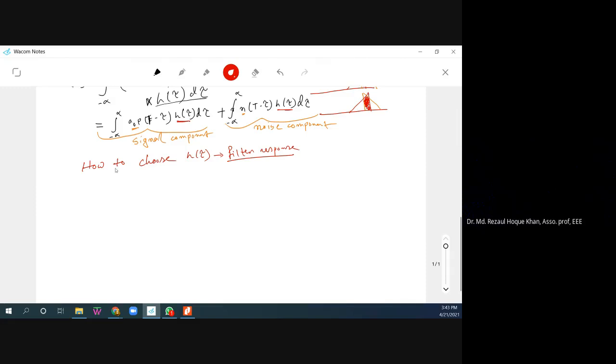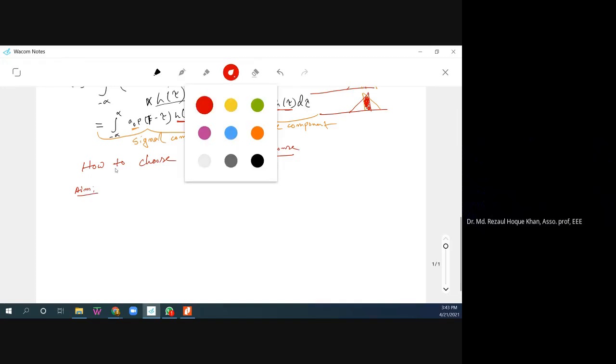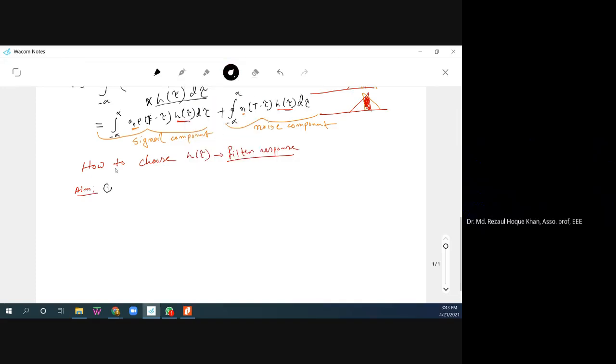While we are choosing it, two aims are there. Aim 1: for any better receiver, we are designing a receiver, right? So the signal component should be higher. So h(t), this parameter, should be chosen in such a way that it maximizes the signal power.